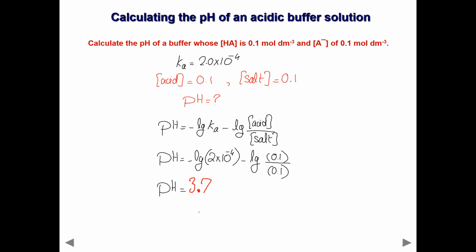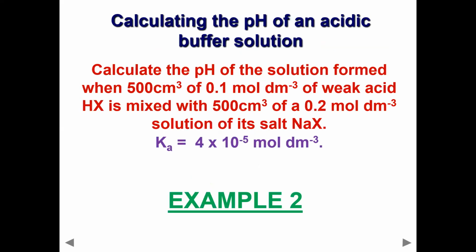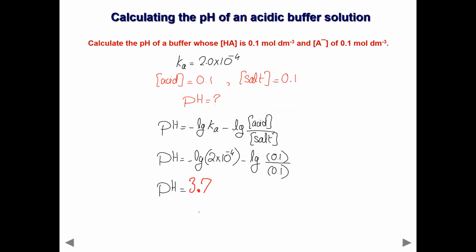Okay, yes, I got 3.6. Because pH can't be a power of something, because actually we take the log to remove the power of 10. Yes. So that is all.